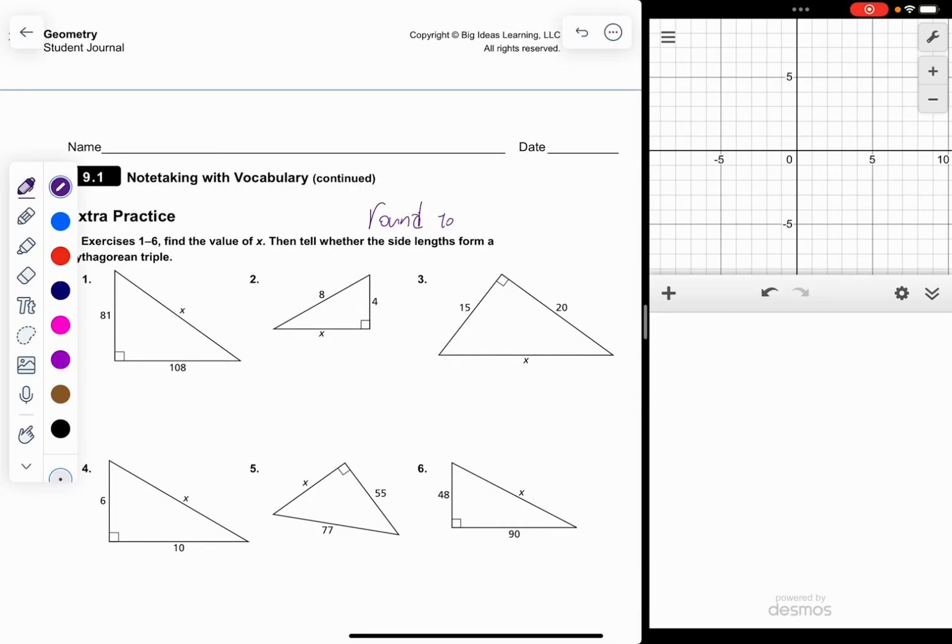There are some examples where you're going to need to give an exact answer using radical forms of decimals, but we're going to get to that later. But for right now, we're going to round to the nearest tenth.